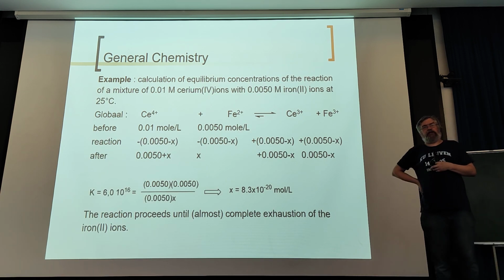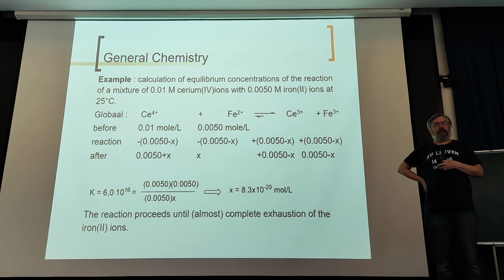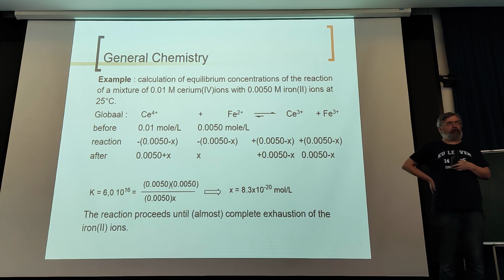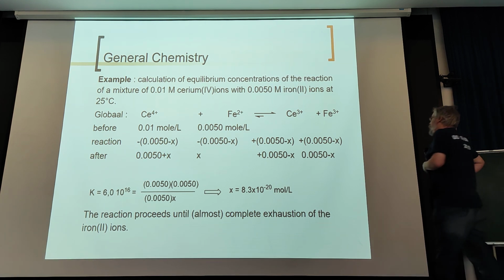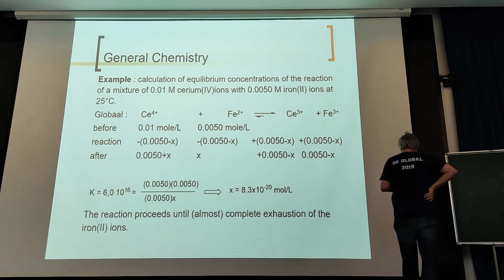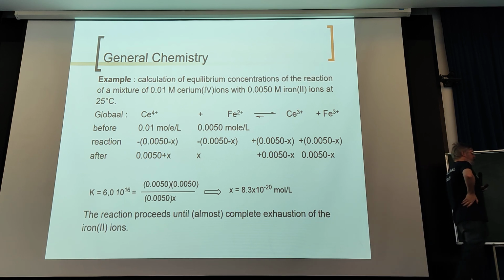So let's calculate how much cerium and iron we still have in some case where we know the concentrations in advance. Now the cerium 4 plus is 10 millimolar and the iron 2 plus is 5 millimolar. So that means the iron 2 plus is limiting. It will disappear completely based on this very big K, all except for a very small amount.